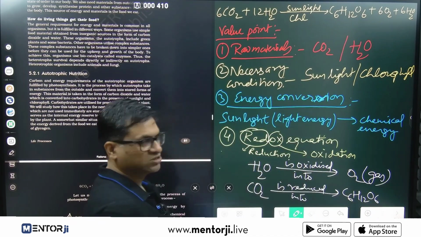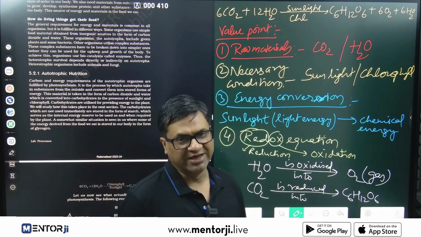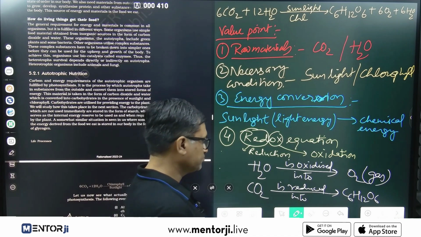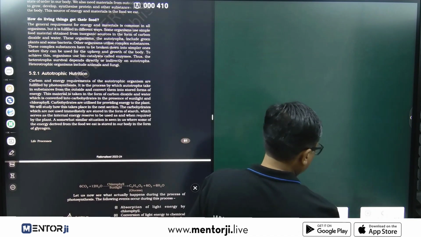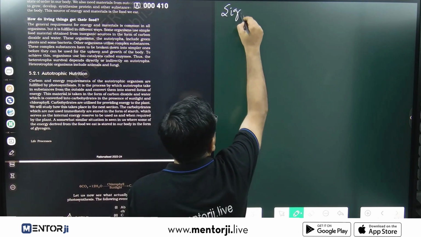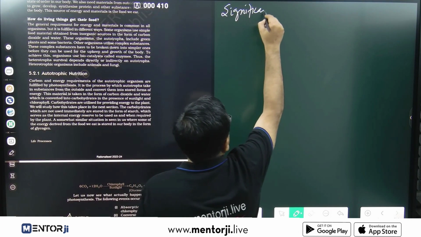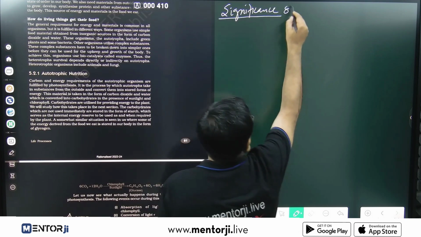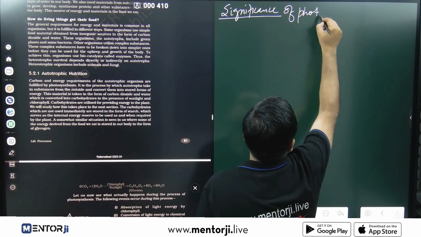So both the processes take place together, hence that is named as redox equation. Next value point is the significance. Significance of photosynthesis.